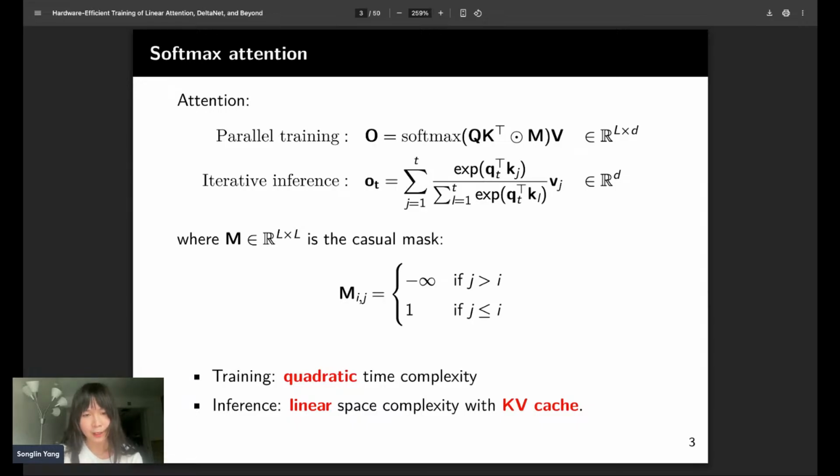The second efficiency issue lies in inference. We need to maintain the historical key and value vectors, the so-called KV cache. The KV cache size grows linearly with the generation length. So if we want to do long generation, the KV cache size will tend to blow up, leading to out-of-memory issues.